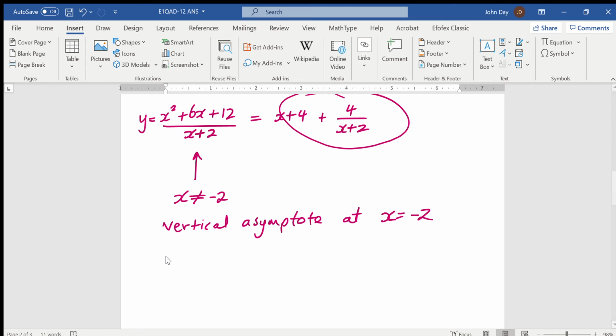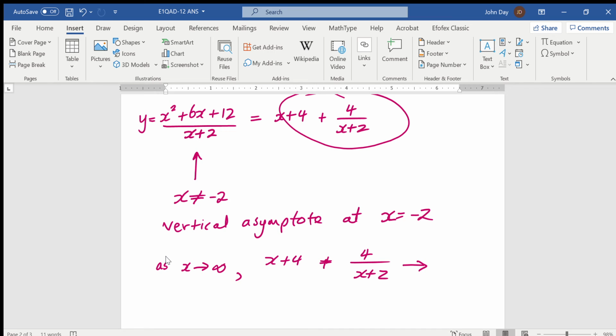As x approaches infinity, (x + 4) on (x + 2) approaches, well, x + 4 gets just massive, doesn't it? Infinity plus 4. But 4 on (x + 2) approaches 0, doesn't it?